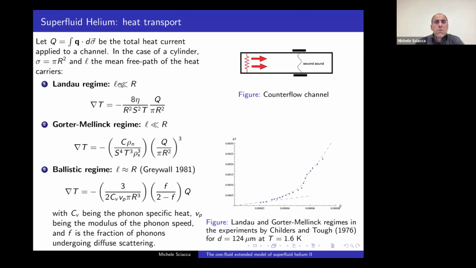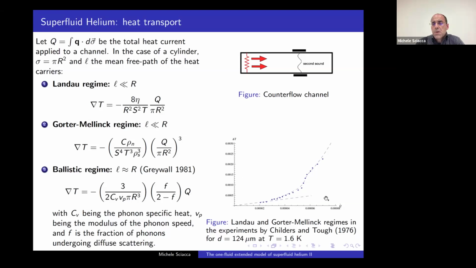considering. If L is the mean free path of the heat carriers, you see that this term, which is essentially the reciprocal of the thermal conductivity, depends on the geometry of the channel. But different behavior appears when, for instance, the heat flux grows to higher values.